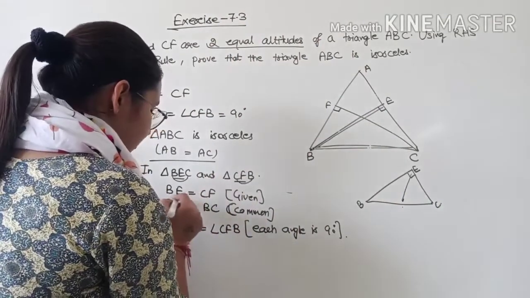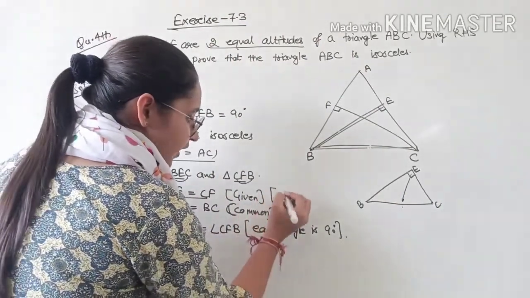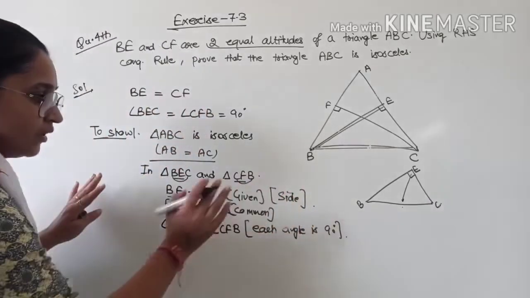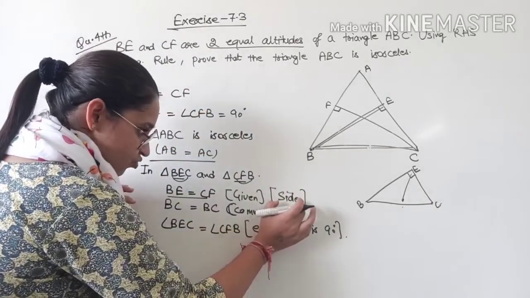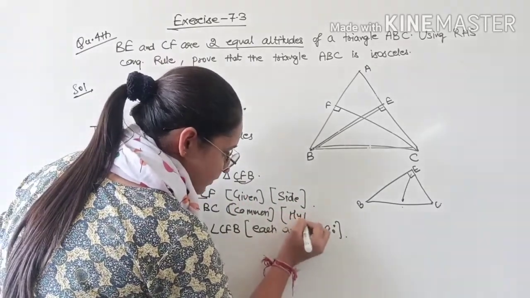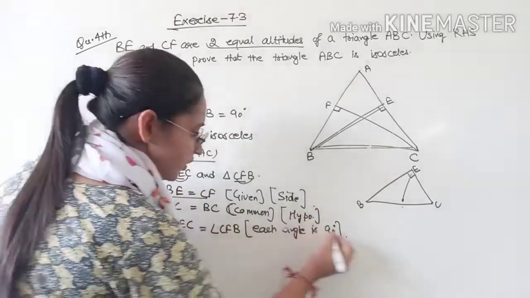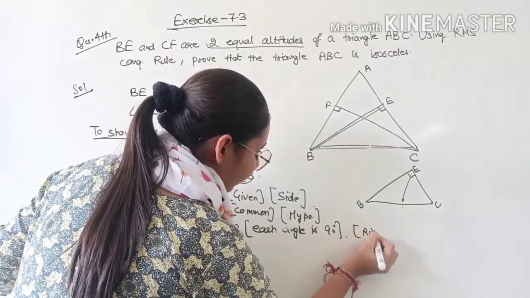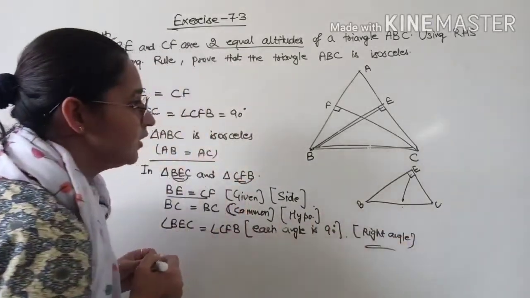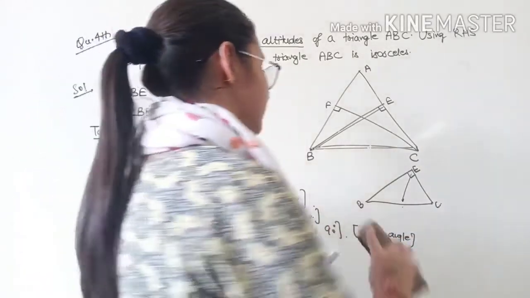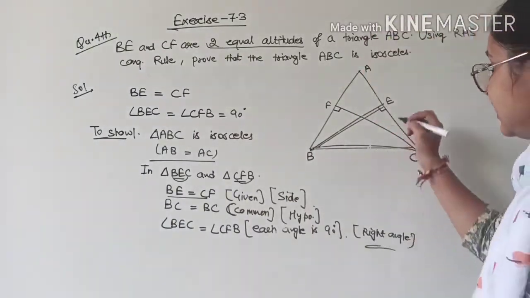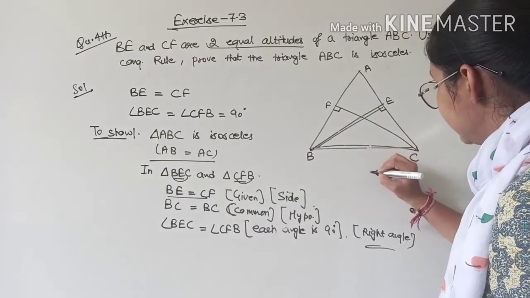So in RHS, first of all, BE is equal to CF. It will work as a side. No need to write, I am just telling you for your convenience. This BC will work as a hypotenuse, and this will be the right angle. Same way, if you are making triangle CFB, I am telling you again, CFB.